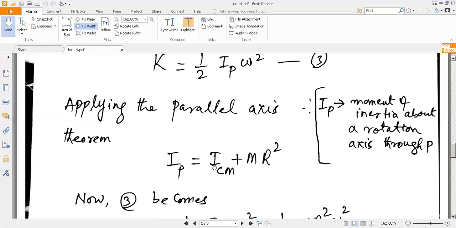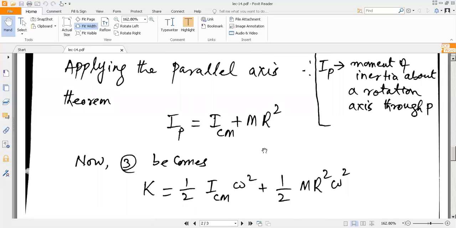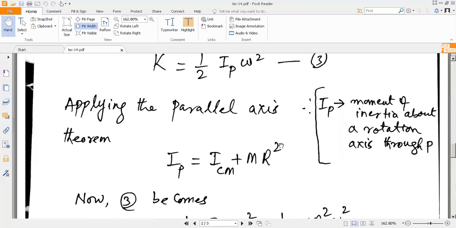representing the rotational moment of inertia.